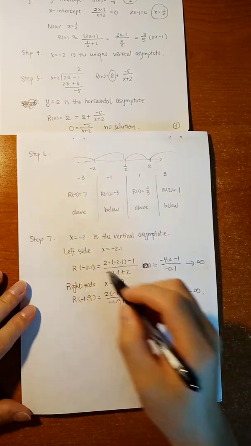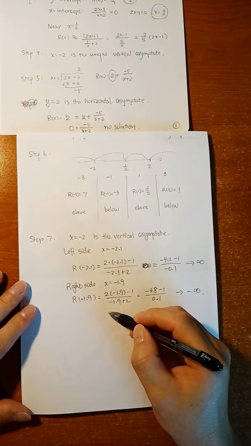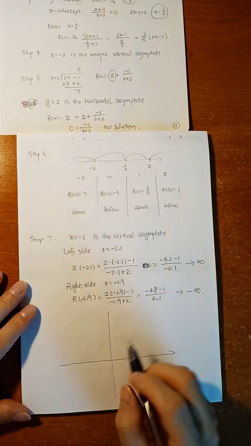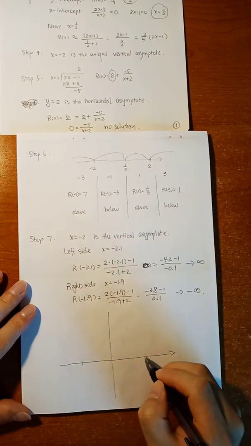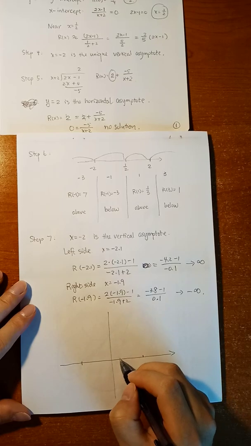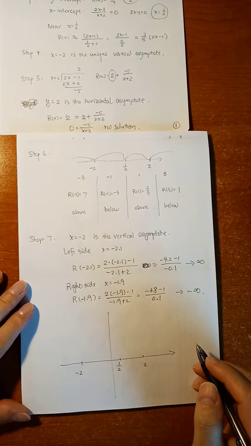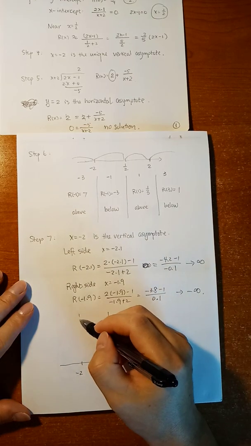Okay. Well, let's check. We will get it. We have -2, +2, 1/2. Then the vertical asymptote is x equal to -2.